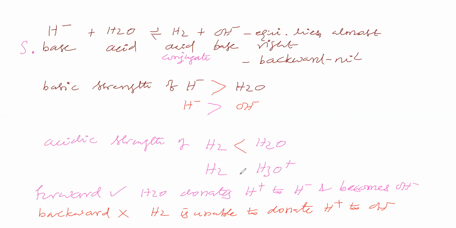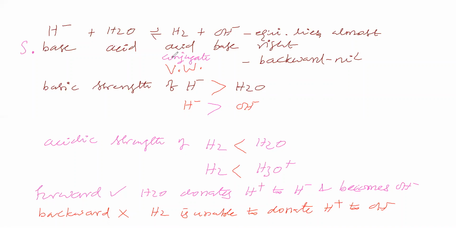Hydronium ion is having greater value, you are saying. So H2 has lesser value. If acidic strength is less than water as well as hydronium ion, then that acid is a very weak acid.